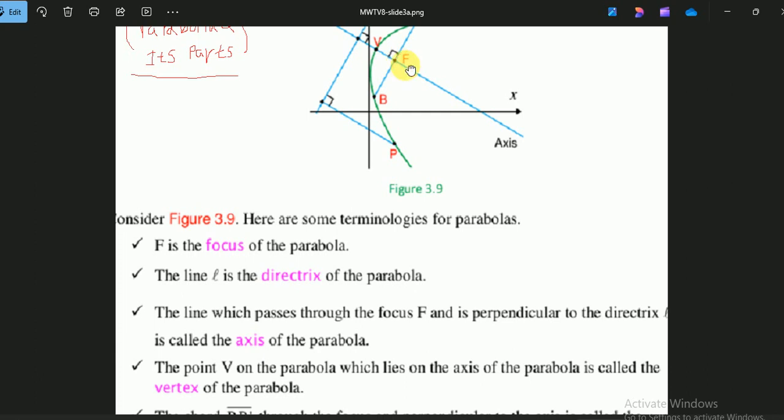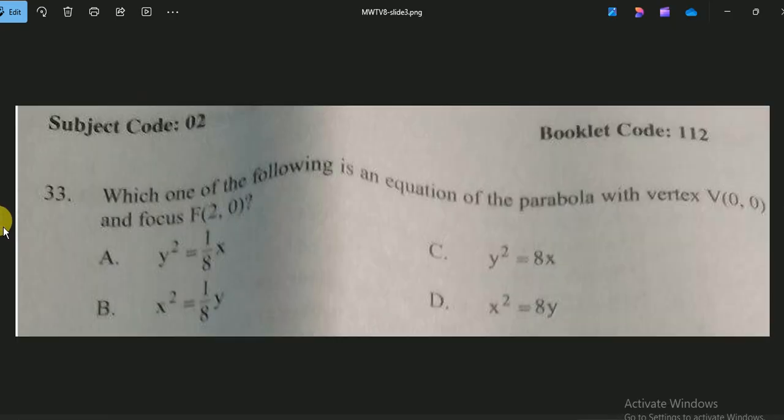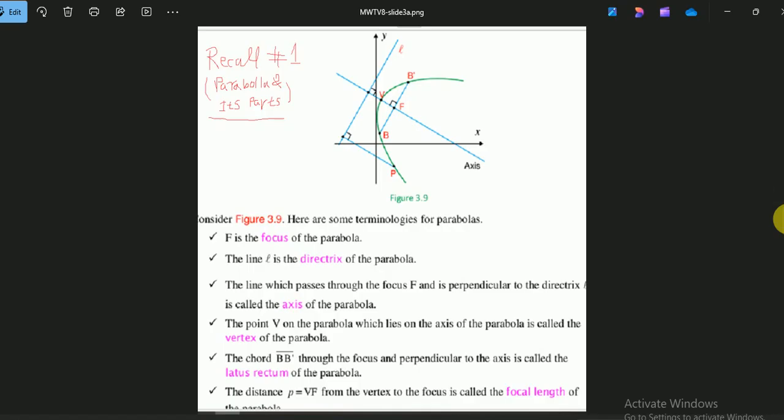And a line through focus perpendicular to directrix is called the axis of the parabola. Similarly, there are other important terms. You can read them. So in the present problem, we are given vertex and we are given focus. So how can we find the equation of the parabola?